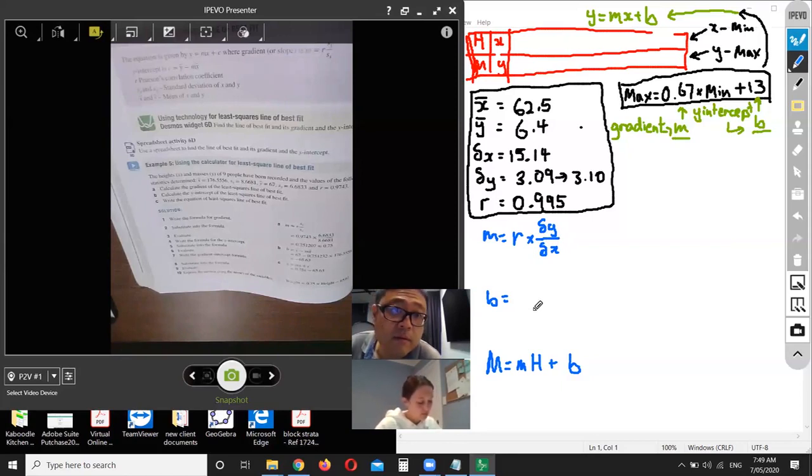B equals... or C. In this case, they've used C. C equals Y hat minus M X hat. So it's basically going to be M is your R times delta Y over delta X, and C is Y hat minus M times X hat, isn't it?